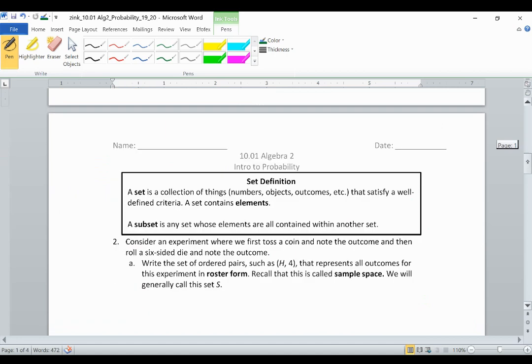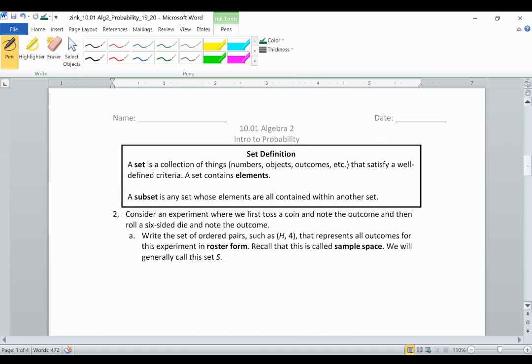Okay, so now we're going to talk a little bit about sets. And I'm not sure that you guys have talked about sets much in the past. It used to be part of the algebra curriculum. But a set is just a collection of things that satisfy a well-defined criteria. Now, inside the set, we call them elements. And typically what we're going to talk about is using a die and a coin.